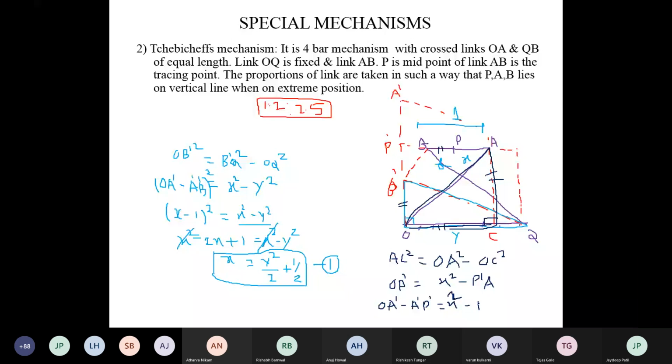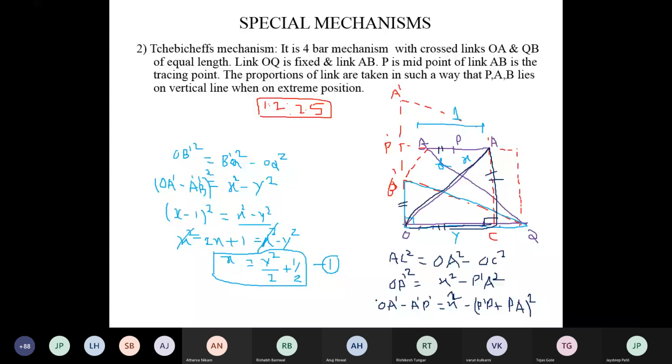P dash P plus PA, and AP. In bracket, square. Don't forget the square here because it is a Pythagoras equation. Now OP dash means OA dash minus A dash P dash, square.